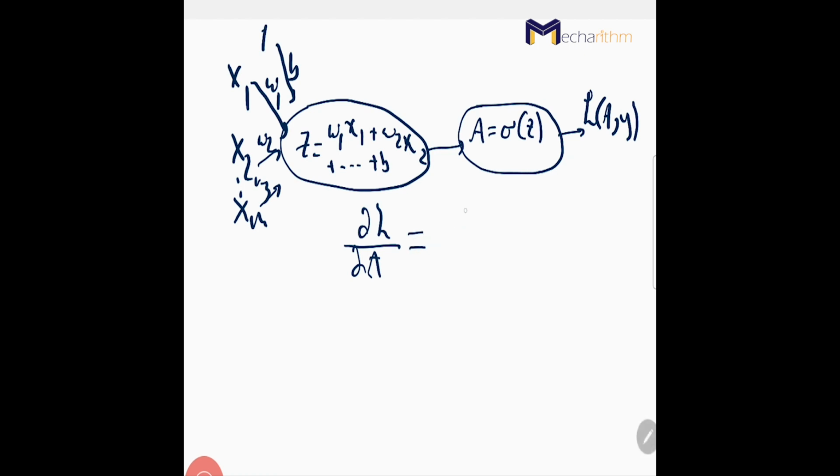It's going to be equal to negative y over a plus (1 minus y) over (1 minus a). This is basically calculus, so you don't have to actually derive it yourself. This is going to be the result. You have to trust me on that. So this is basically the partial derivative of L by a.